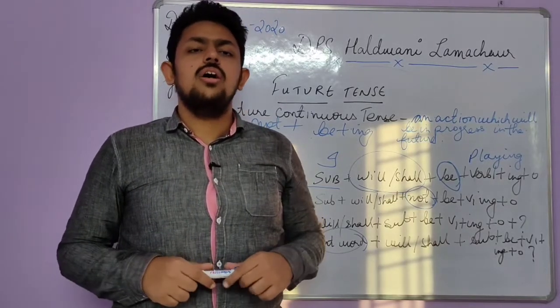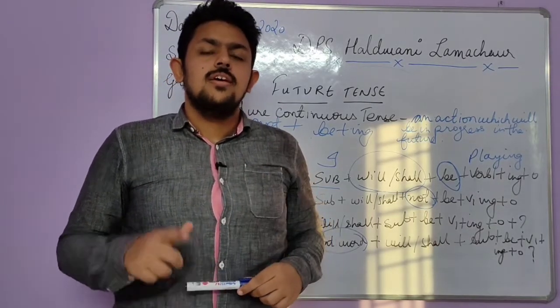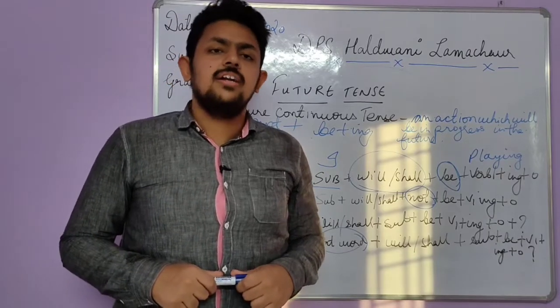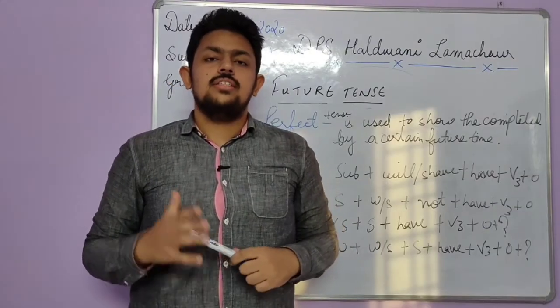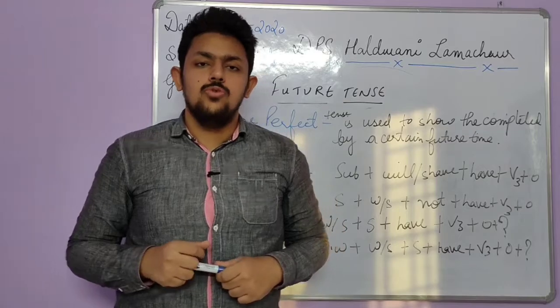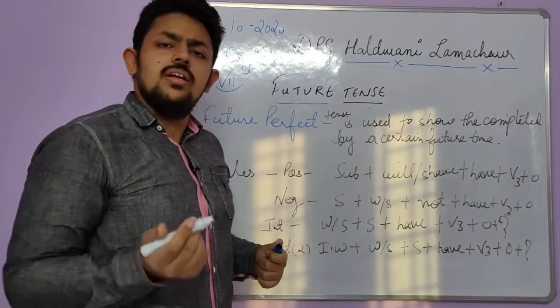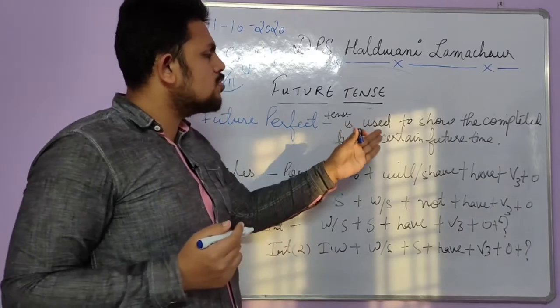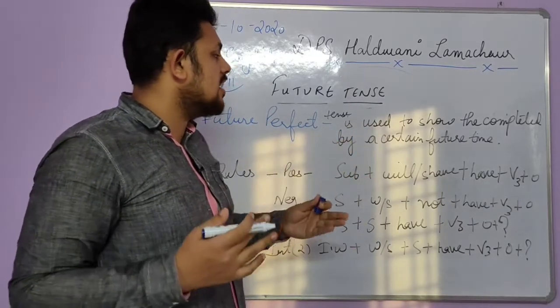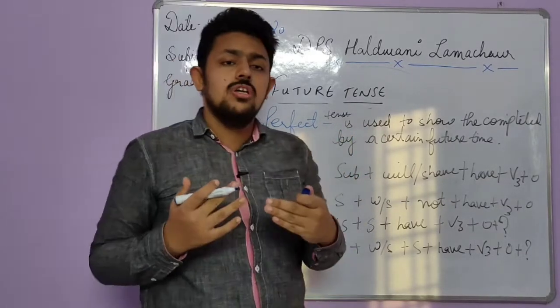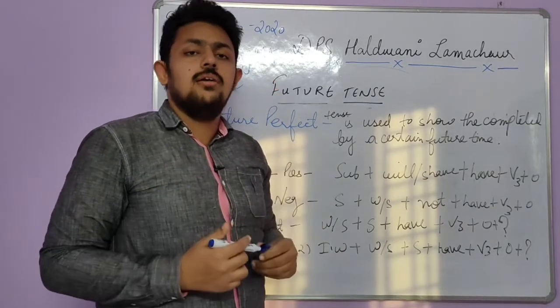Now we are moving to the third form, that is future perfect tense. So let's see the third form of the future tense, that is future perfect tense. It is used to show the action that is completed by a certain future time.